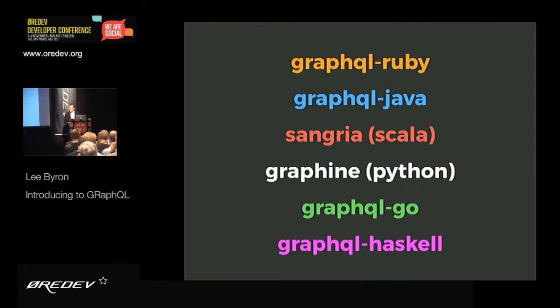This is just scratching the surface. All of these were built by community members. None of them were built for us. They're all really interesting and excellent pieces of software. They work. The best part is when someone finishes a version of one of these things, the first thing they do is stick GraphiQL on top of it, and they're just like, check it out, it works. And they just start going to town.